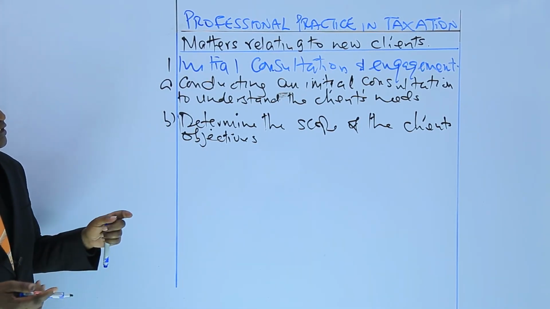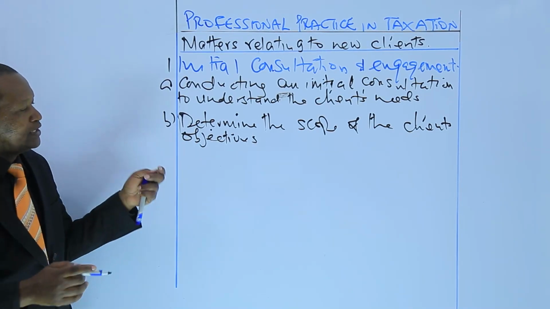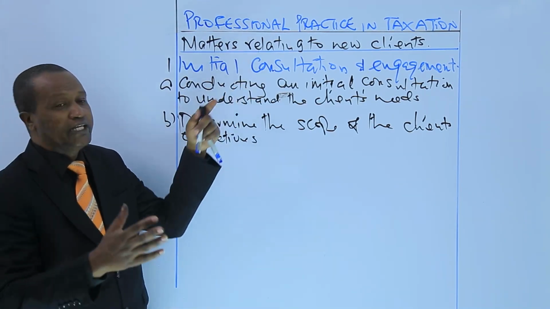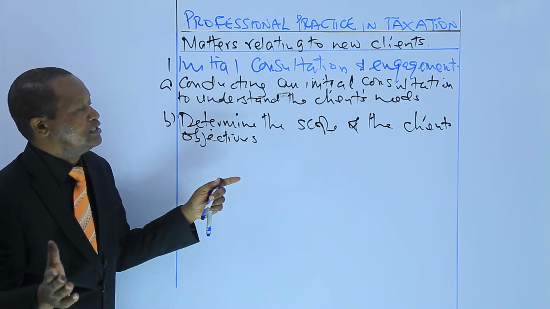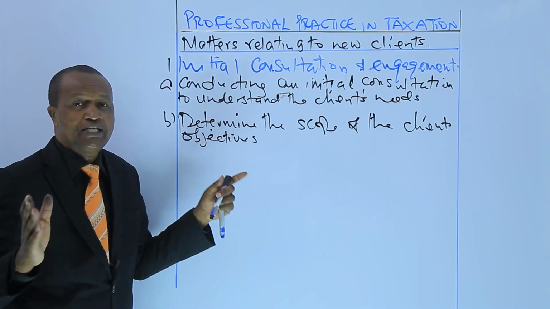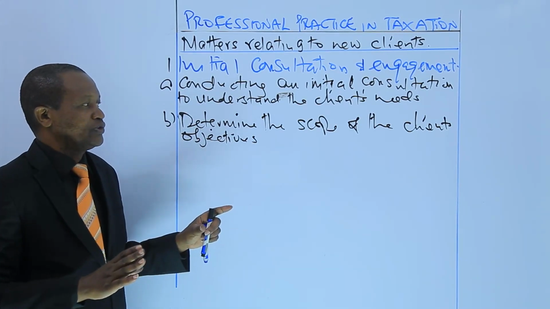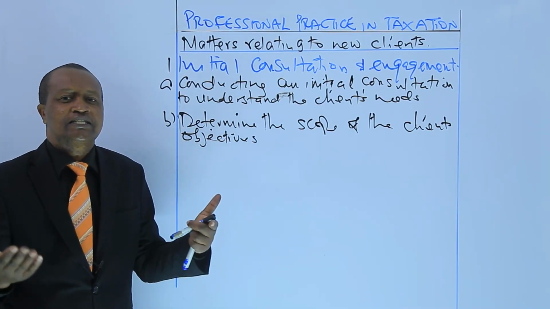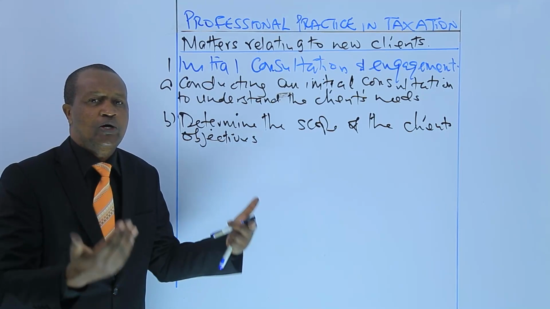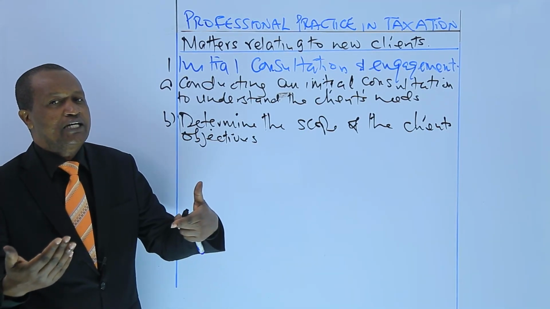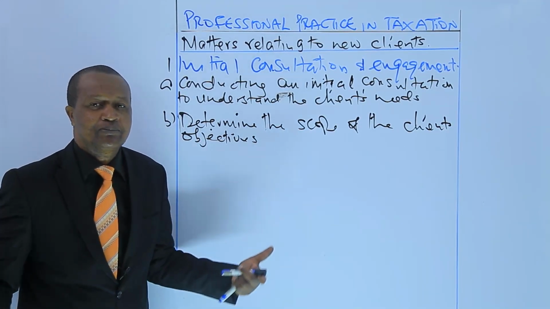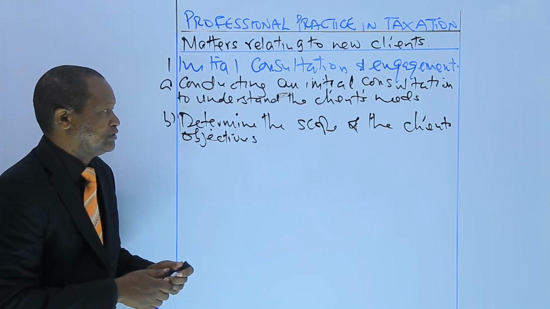That can only happen when there is that initial engagement. The tax professional can have an initial meeting with the client so that they can discuss and determine the scope of services required, and then agree on the terms of engagement.